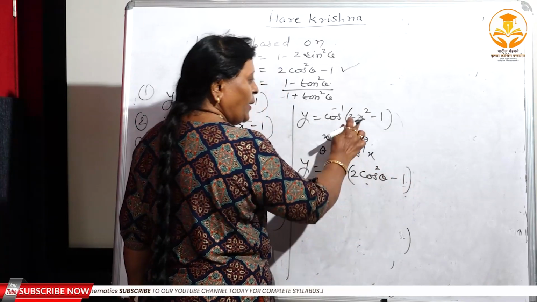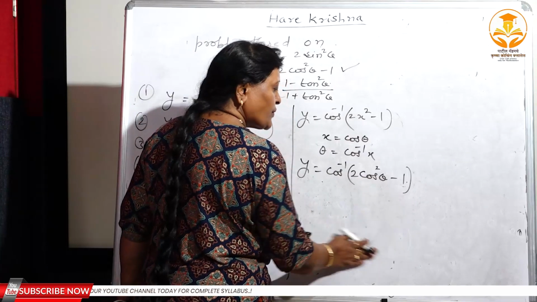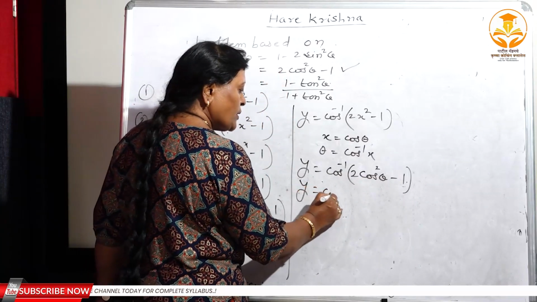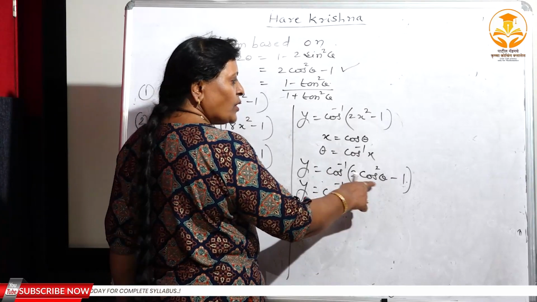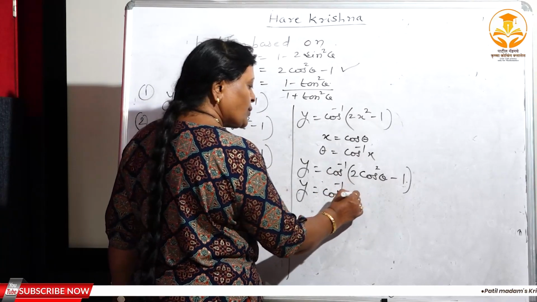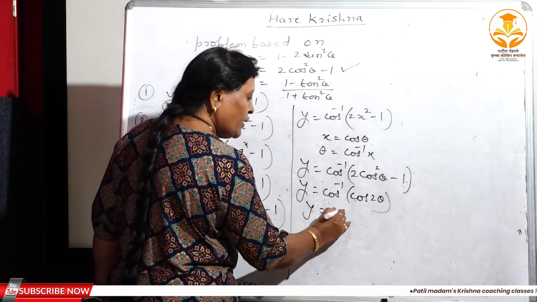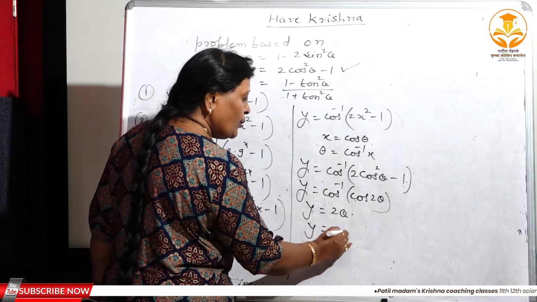Y is equal to cos inverse of 2 cos square theta minus 1. In place of x, you have to substitute cos theta. Therefore, here you have got 2 cos square theta minus 1. Again, cos inverse of 2 cos square theta minus 1. This is the formula of what? Cos 2 theta. Again, cos inverse cos gets cancelled. Here y is equal to 2 theta.